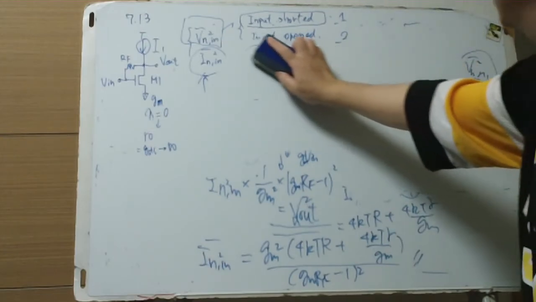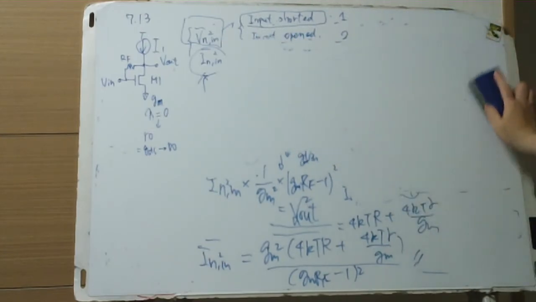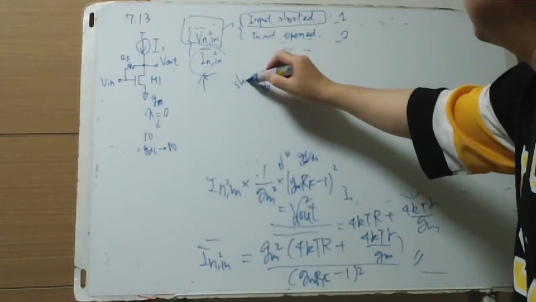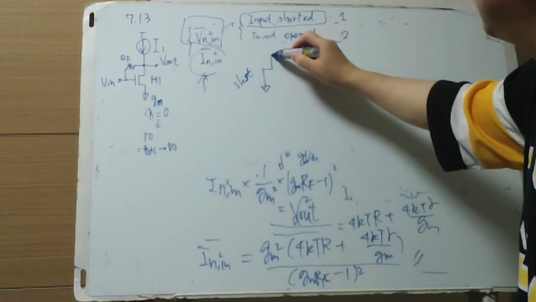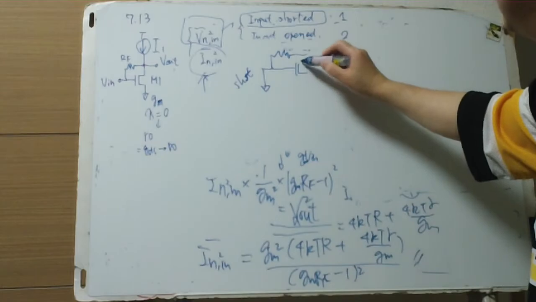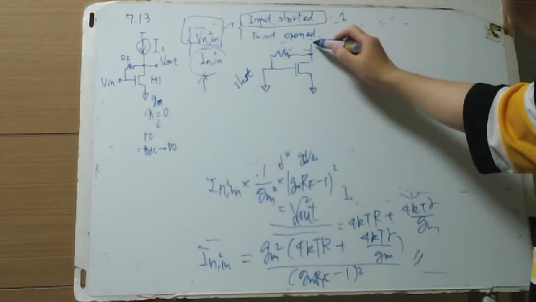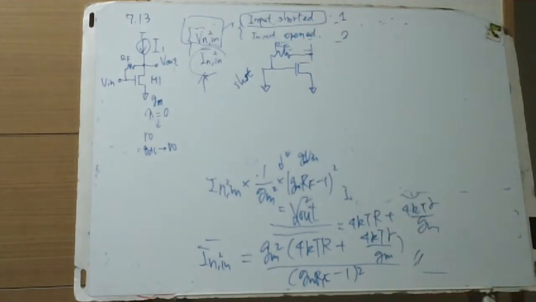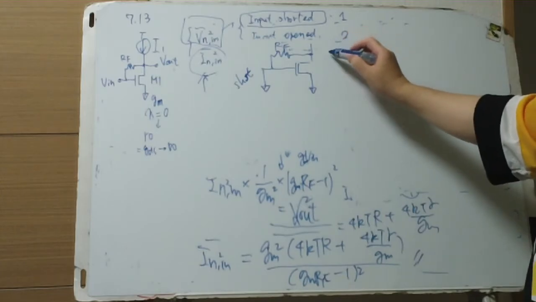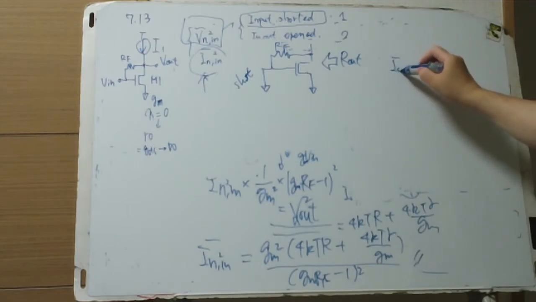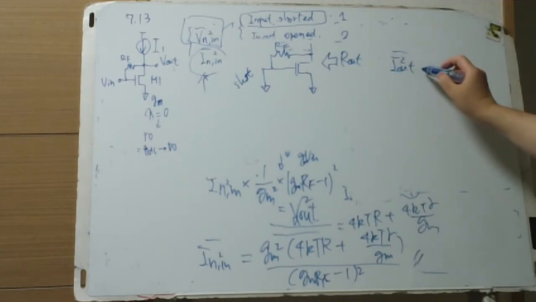In this case, using suffix 1 for the voltage noise with the input shorted, short RF there, we need to find R out and I out noise.